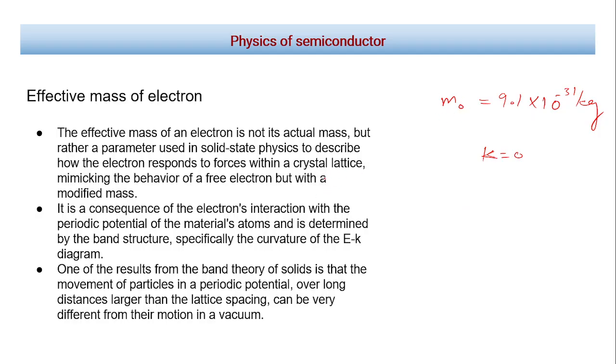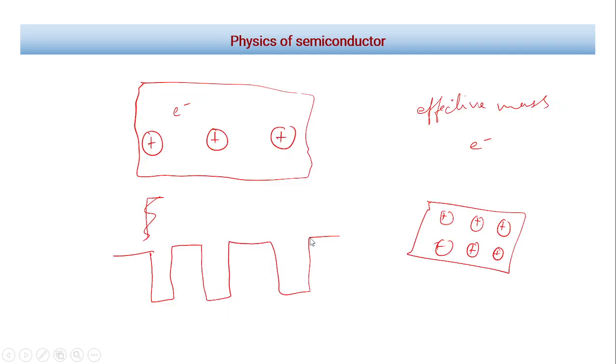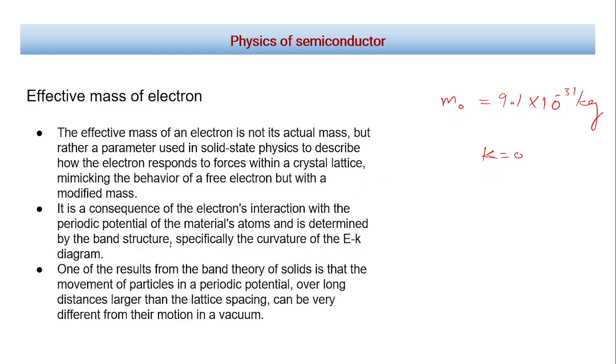But if it's moving around in a lattice, in a solid, then we can model its behavior like a free electron but with some modified mass. That modification in mass is a consequence of the electron's interaction with the periodic potential of the material's atoms, and is determined by the band structure, specifically the curvature of the E-k diagram.